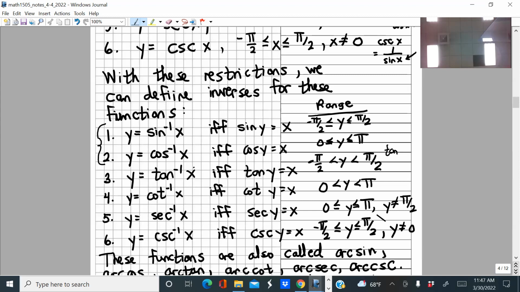Or how can you compute it? Sine over cosine. And so sine there is on top. So sine is in control for tangent. And that means that for the arctangent, its range is going to be the same as it is for the arcsine: minus pi over 2 to pi over 2.